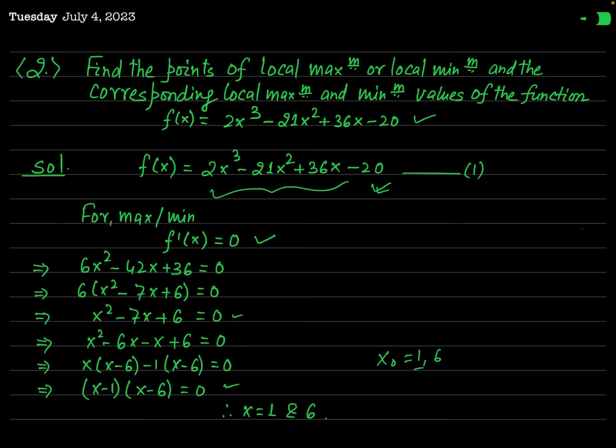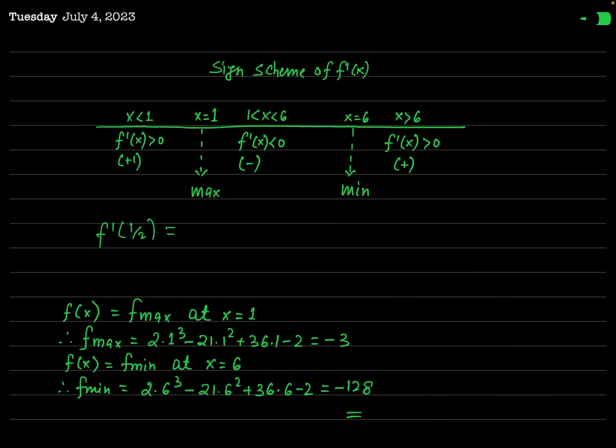You can see f dash of x is equal to this much. So let us say this is our equation. F dash of x, I am writing here, this is actually equal to 6x square minus 42x plus 36. This is the value of f dash of x. Now substituting for x a value less than 1.